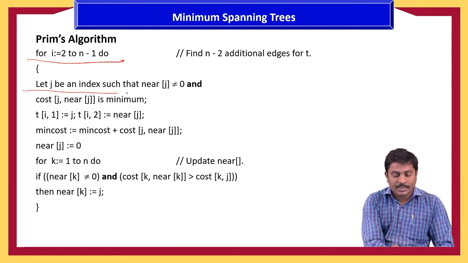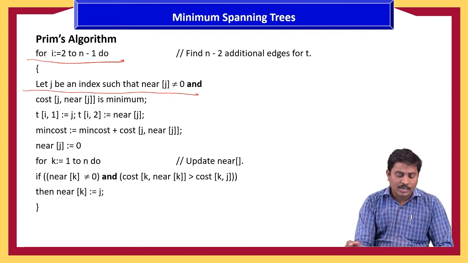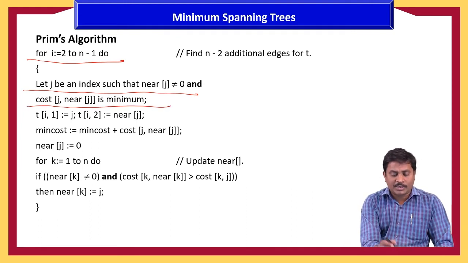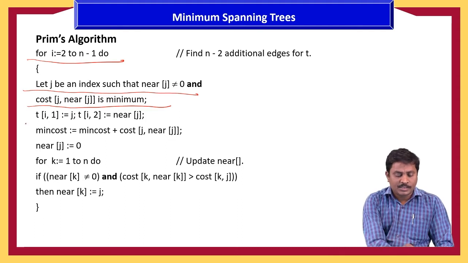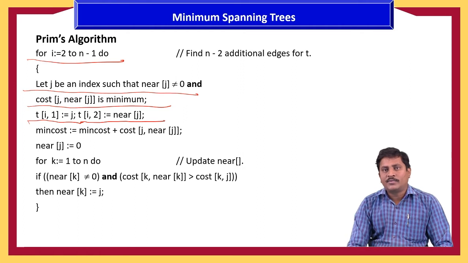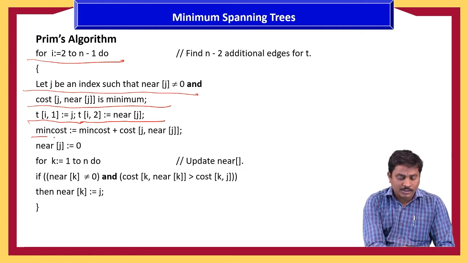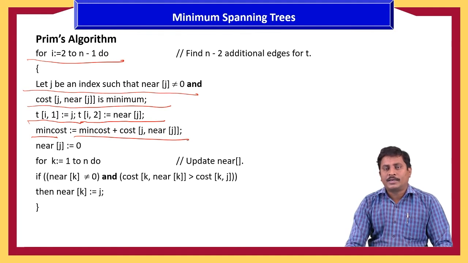Let j be an index such that near of j is not equal to 0 and cost of j, near of j is minimum. If that value is minimum, t[i,1] equals j, t[i,2] equals near of j. Now mincost equals mincost plus cost of j, near of j.